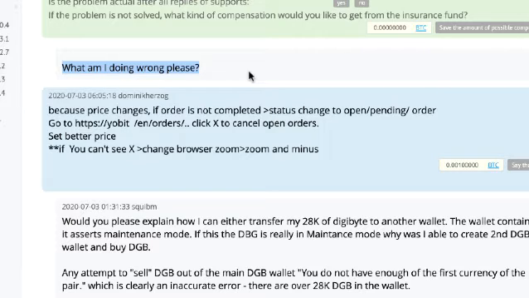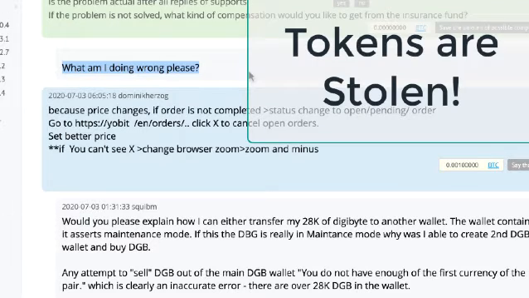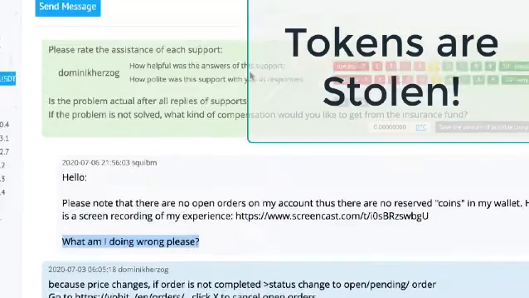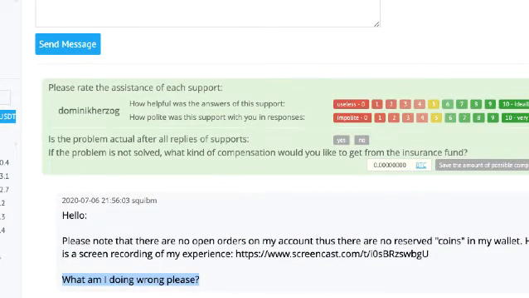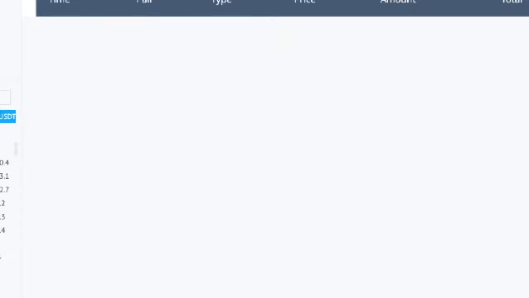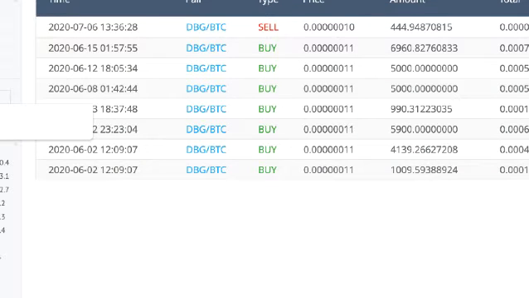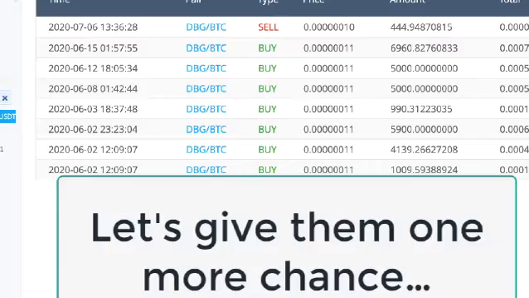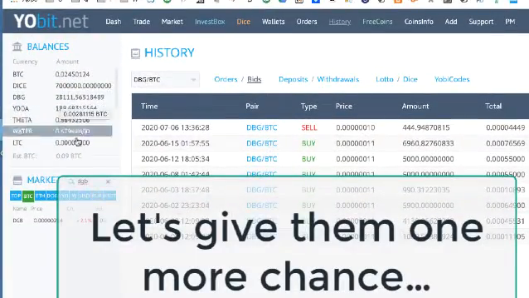Basically, at this point, they had already put my wallets in maintenance mode and stolen my tokens. So I have moved to the point of saying, look, I can't do anything. The tokens are stolen. For example, here, if I attempt to sell Digibyte for Bitcoin, it's the same situation. Basically, they lock down my token.